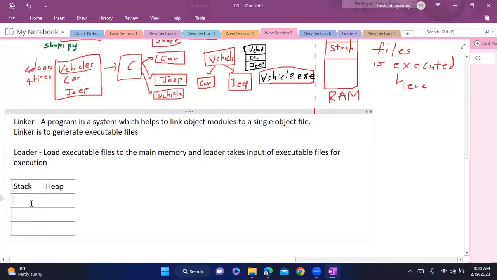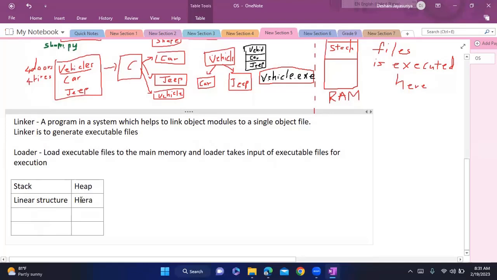So stack is a linear structure and heap is a hierarchical structure.